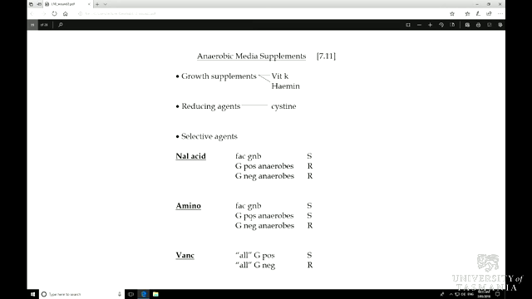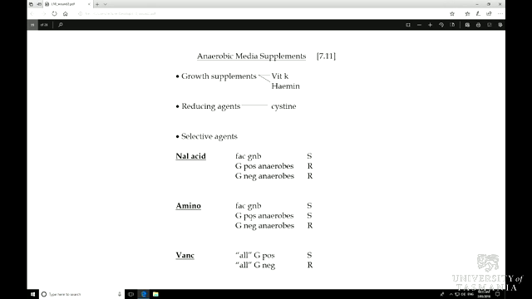We can use an aminoglycoside, like gentamicin or kanamycin. Most gram-negative rods, like coliforms, are aminoglycoside susceptible. But so are most gram-pos anaerobes. This is a plate designed really to grow gram-neg anaerobes.